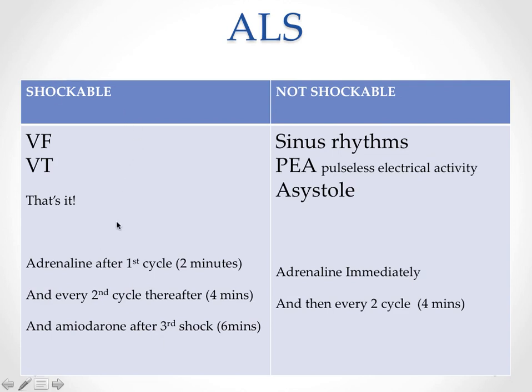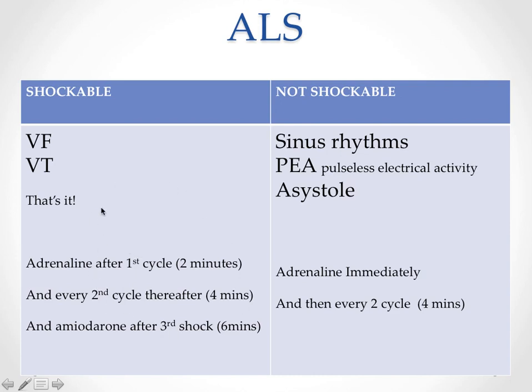After a 2-minute cycle, you stop and assess the rhythm again. If you see VF again, you shock it, and this time you give adrenaline. You go around another cycle. If you see VF again, this time you give amiodarone. And then you go around the cycle again.